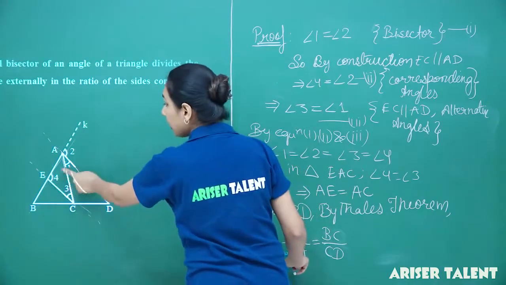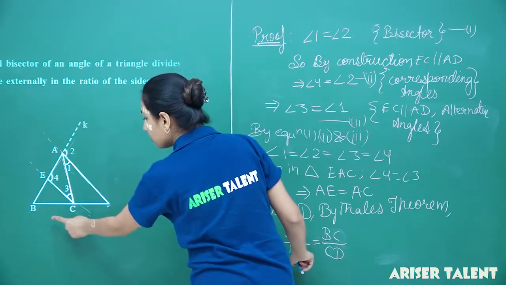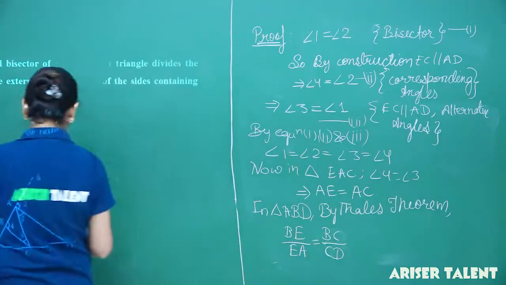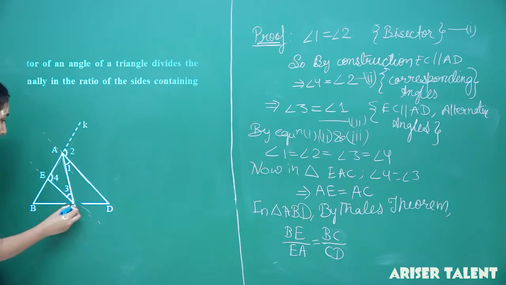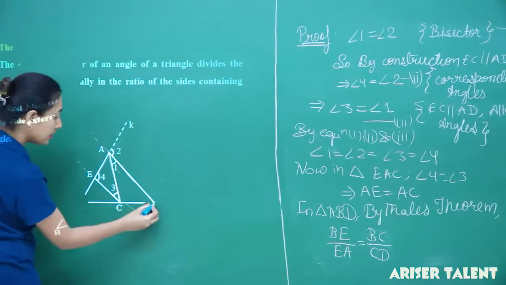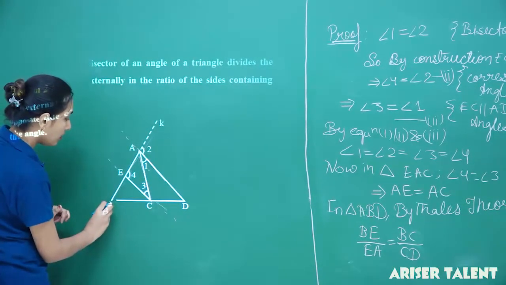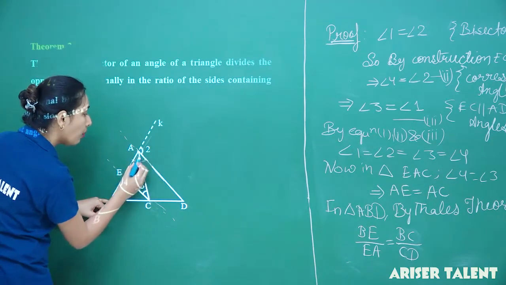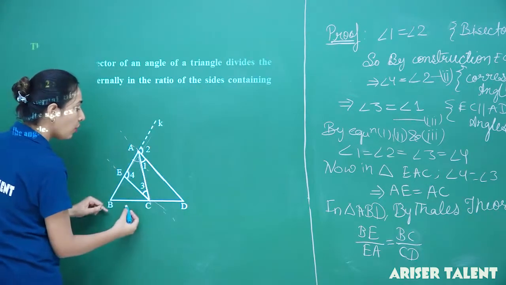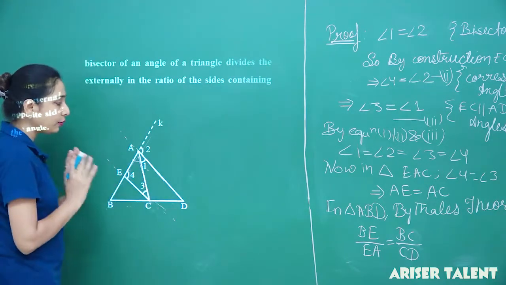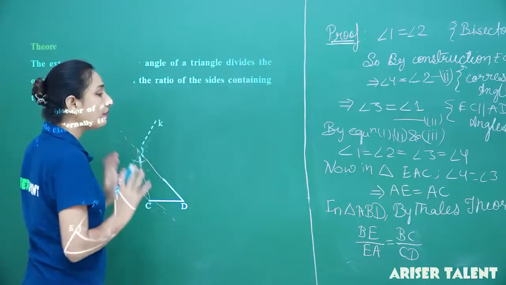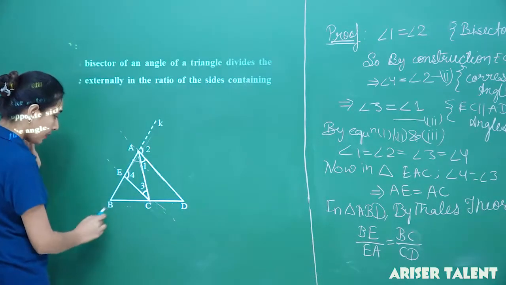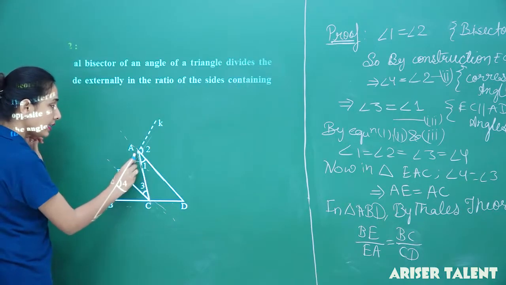BE by EA will be equal to BC by CD. Now, this is BC and this is CD. Now this line is opposite to this angle. So okay, we got these proportions as required.